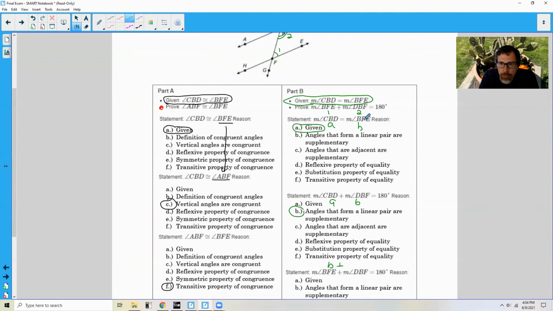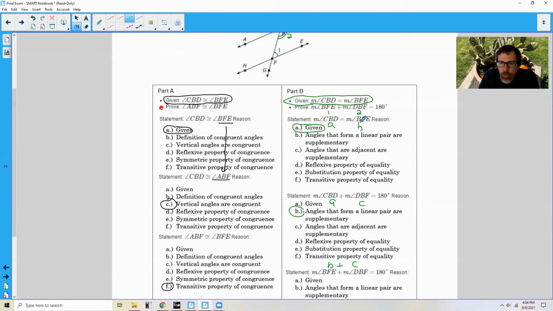CBD is A, BFE is B, CBD is A. I lettered that the same. DBF is not the same as that. DBF I'll call C. So now it's saying BFE, which is B, plus DBF, which is C, equals 180.